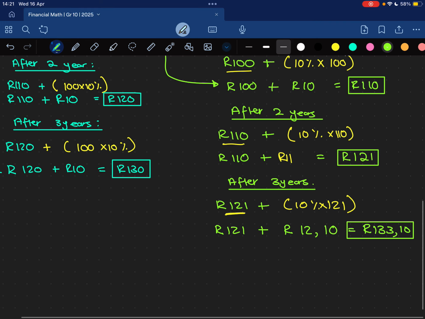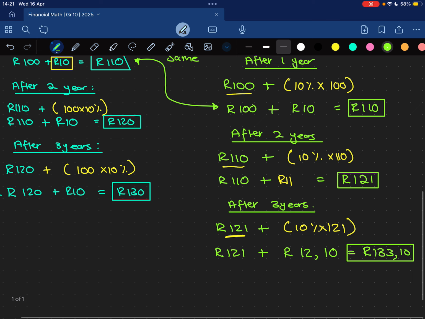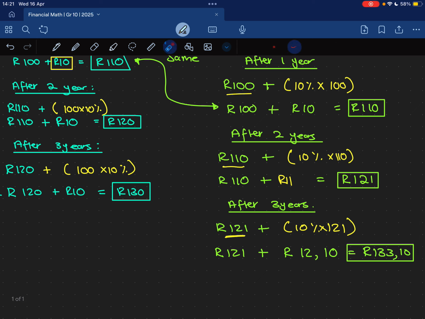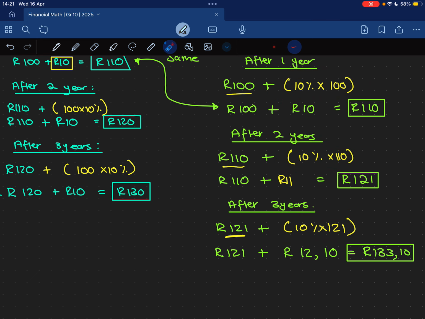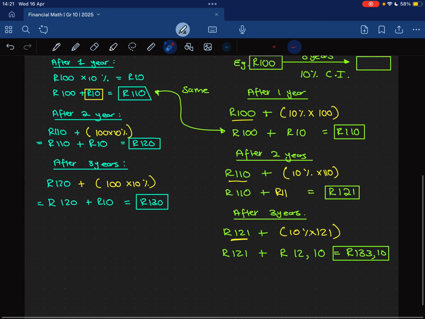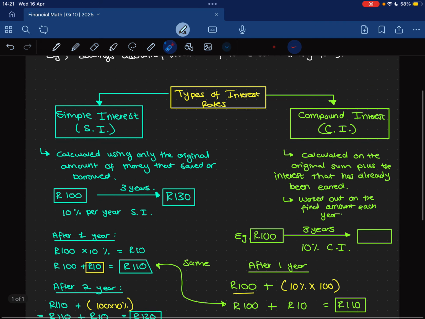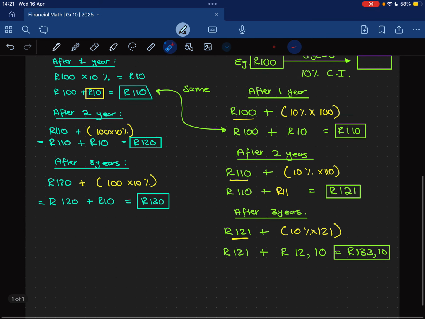Okay, so notice that it's compounding, meaning that the amount of interest that's accumulated changes every year because it is based on the amount that you have. So that is the main difference between the two types of interest.